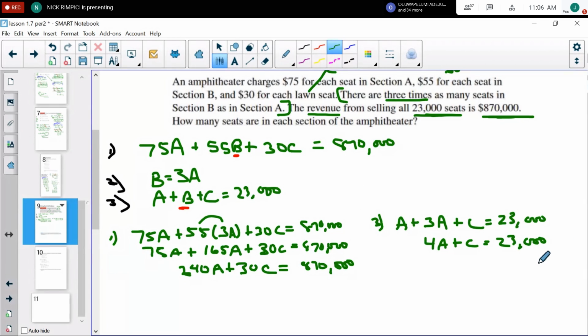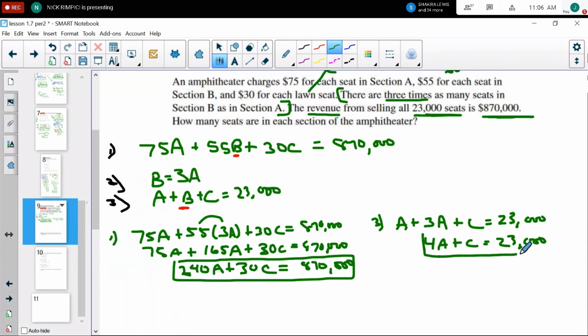And this is really good news too, because look, both this equation, equation 1, and equation 3 are now in terms of A and C only. And I used the second one to go into both of them. So really I used 1 and 2 here, and 2 and 3 here.